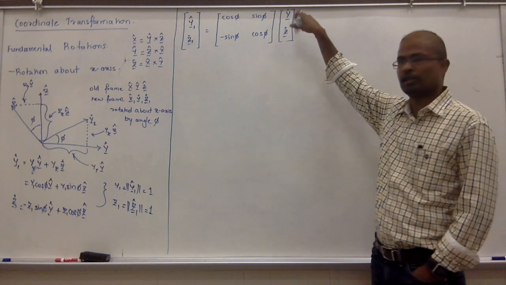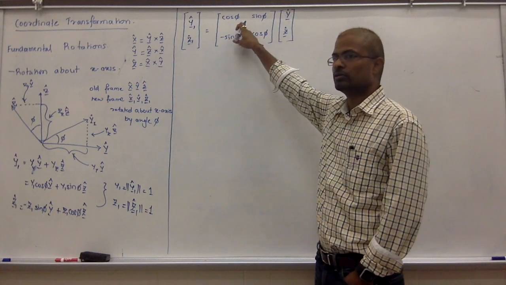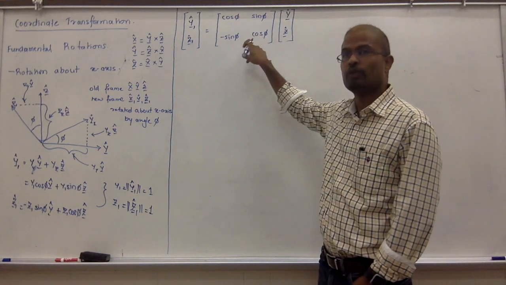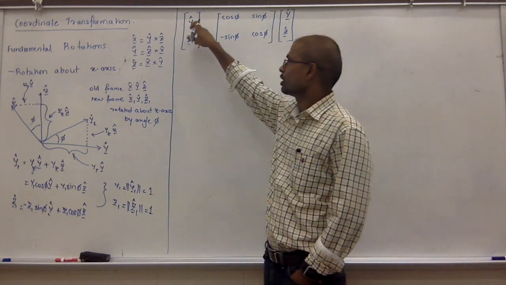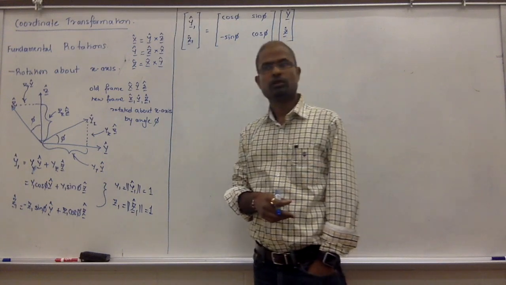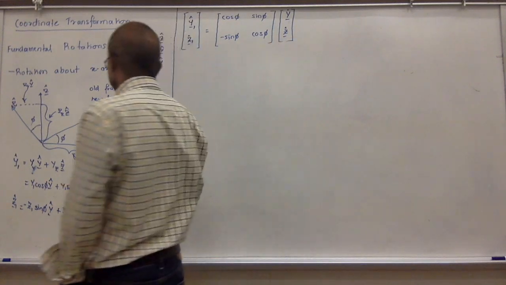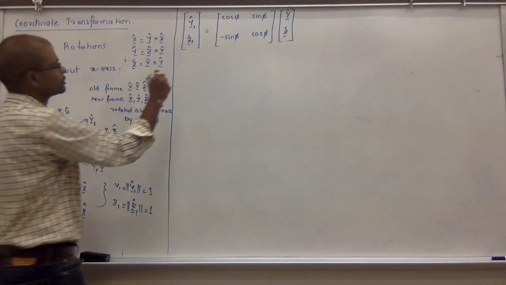These are known quantities, right? Phi is known. Phi will be known. You will be given that angle. What you are trying to figure out is what is this new y1 and z1. Got it? Now, this is fundamental rotation about the x-axis.